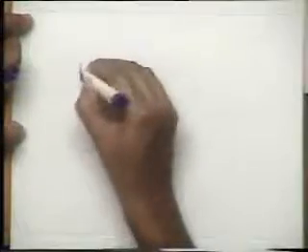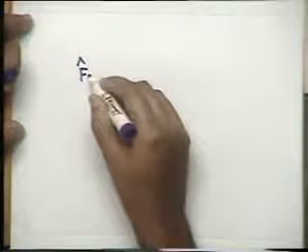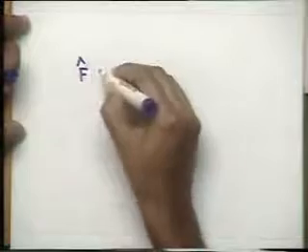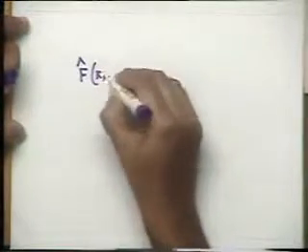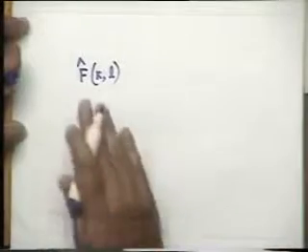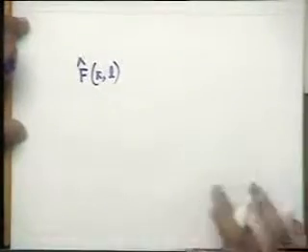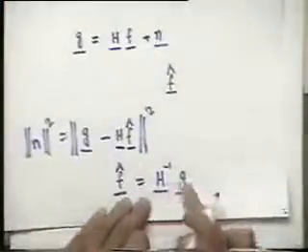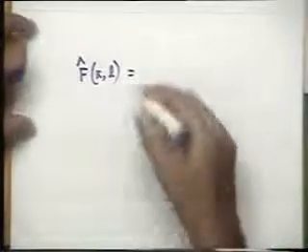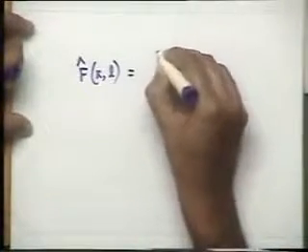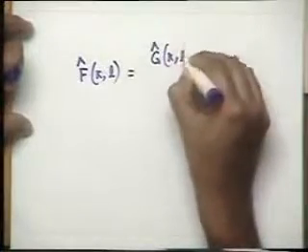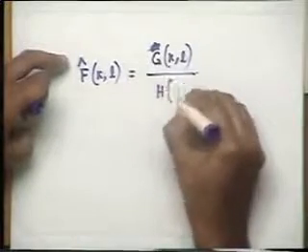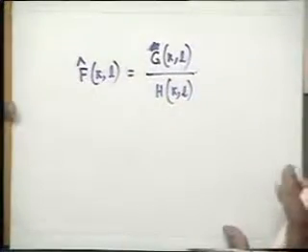So in the Fourier transform domain, the estimated image, which we are calling capital F because it is in the Fourier domain and its coefficients are KL, the KLth Fourier coefficient of the estimated image was given, from this H inverse G, as G of KL divided by H of KL, and this was our inverse filtering result.